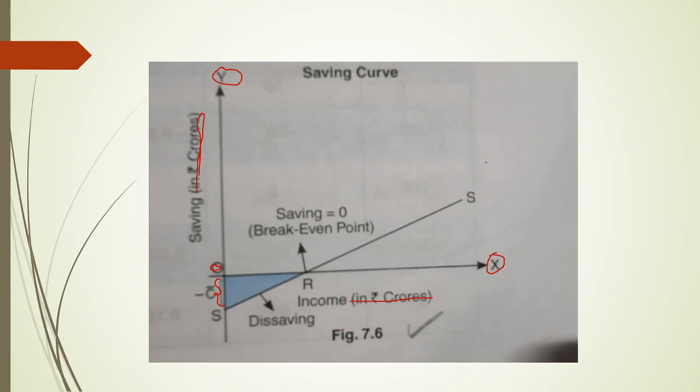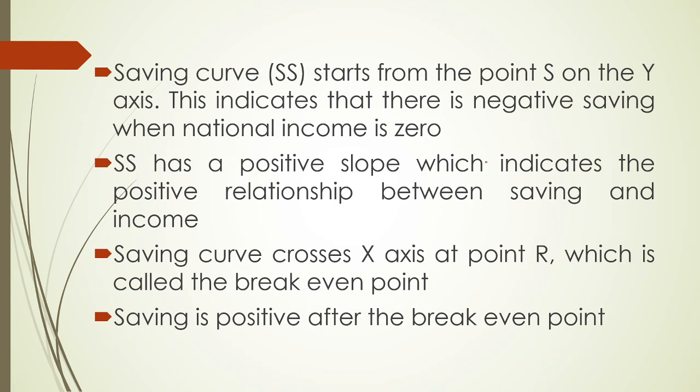Now let us go through the explanation of this diagram. At first you need to write that on the x-axis we measure income, and on the y-axis we measure saving. Then the first point you need to write is that the saving curve SS starts from the point S on the y-axis.